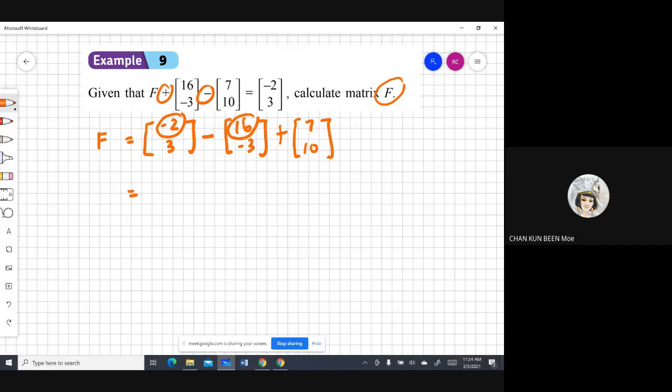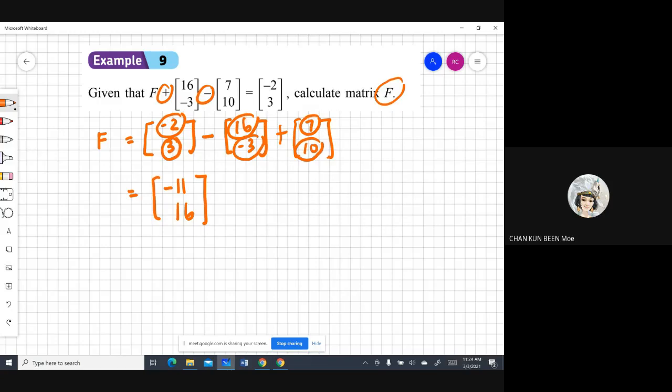Negative 2 minus 16 is negative 18. Negative 18 plus 7 is negative 11. Then this one, 3 minus negative 3 means 3 plus 3 is 6. 6 plus 10 is 16. So we have got the answer already. It is negative 11, 16.